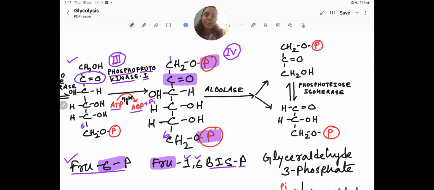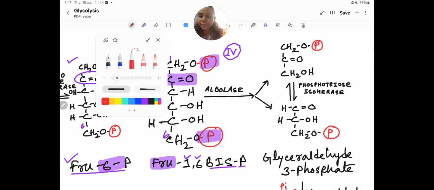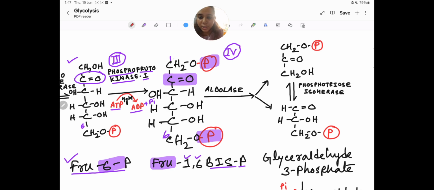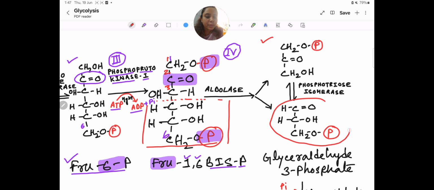From the 4th carbon, right? This is the first carbon, the second, the third, and we will split it from here. And we will write this 3 carbon here and the other 3 carbon here.